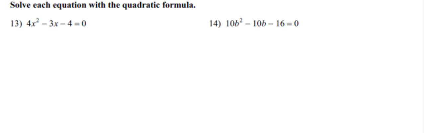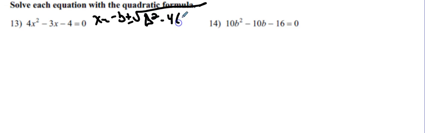All right, number 13 is telling us to solve this equation with the quadratic formula, which you remember is x equals negative b plus or minus the square root of b squared minus 4 times a times c, all over 2a.